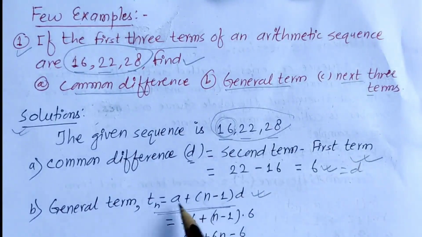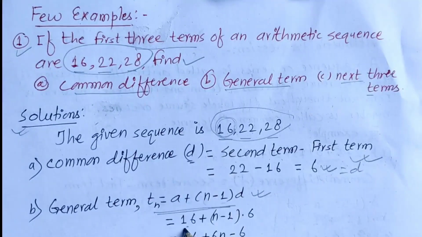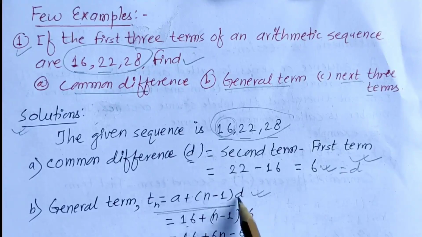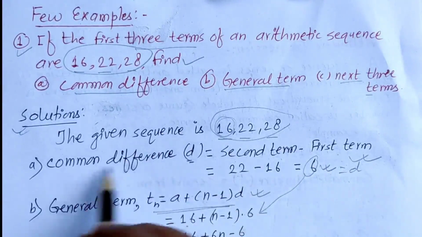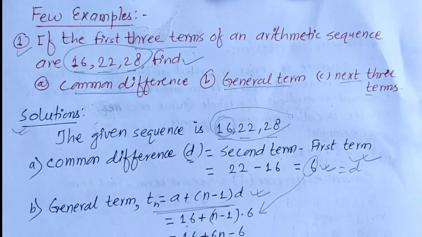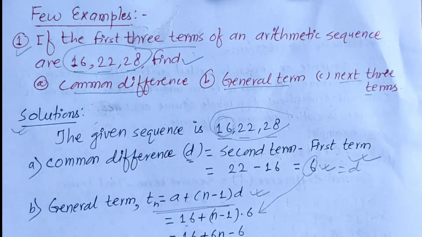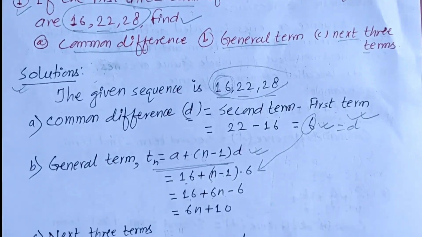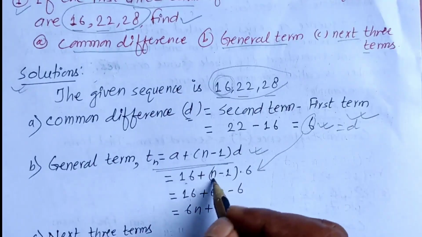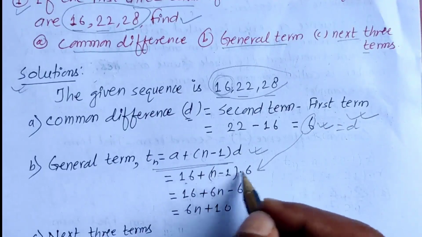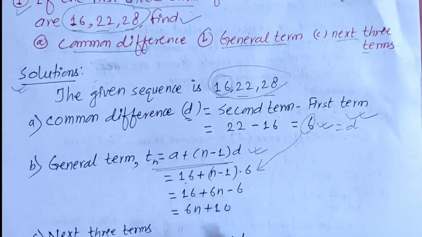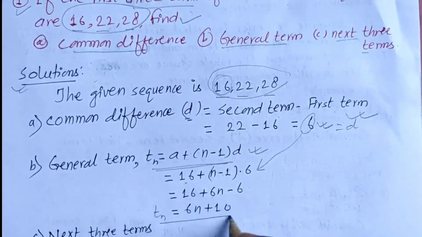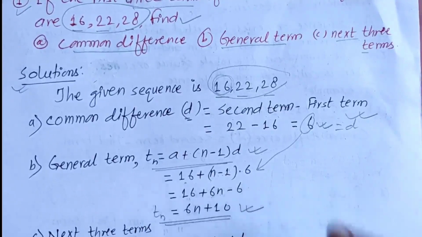So in place of a, you write 16 as it is the first term, plus n minus 1, and in place of d, you write 6, because we have just obtained d by the formula of the common difference. 16 is the same, and n minus 1 times 6 can be written as 6n minus 6. If you operate, you will get Tn is equal to 6n plus 10, which is the general term.